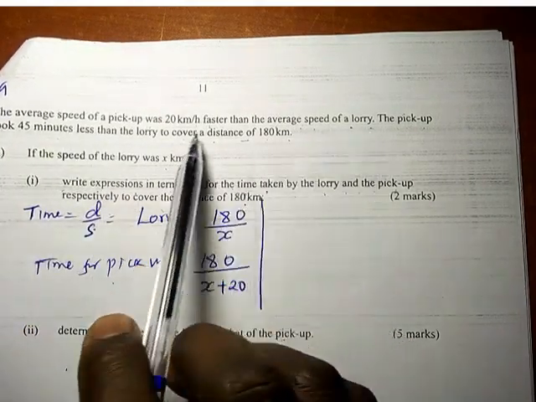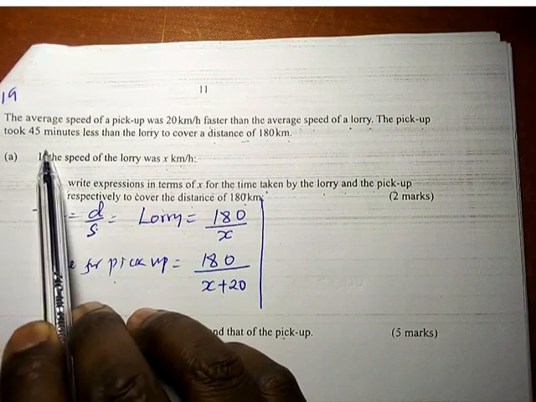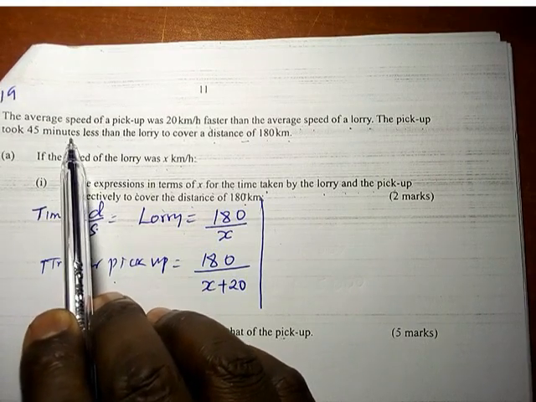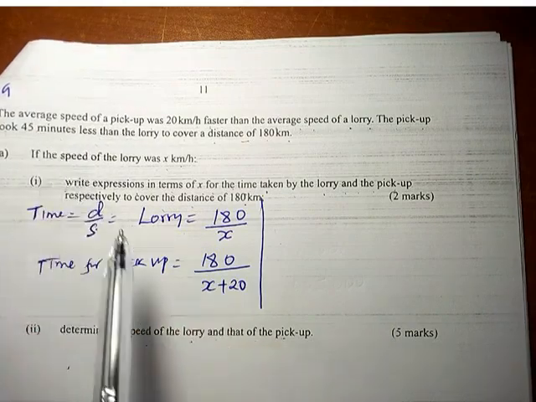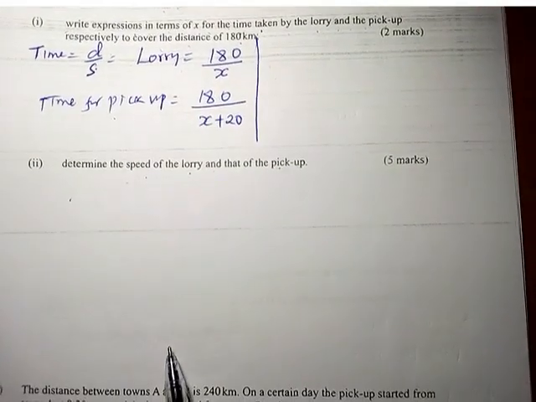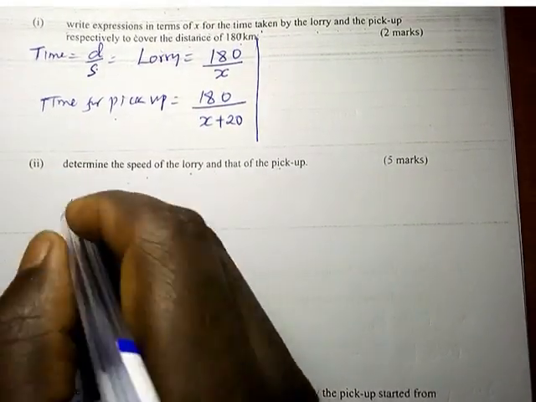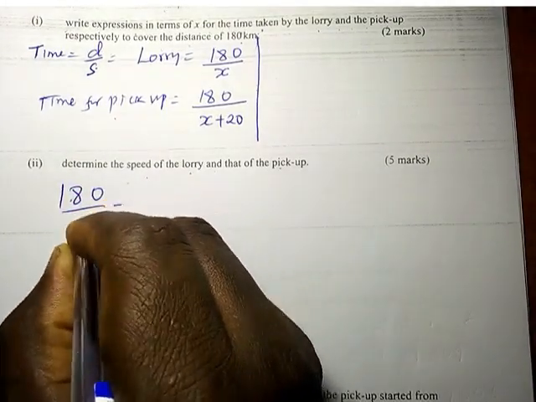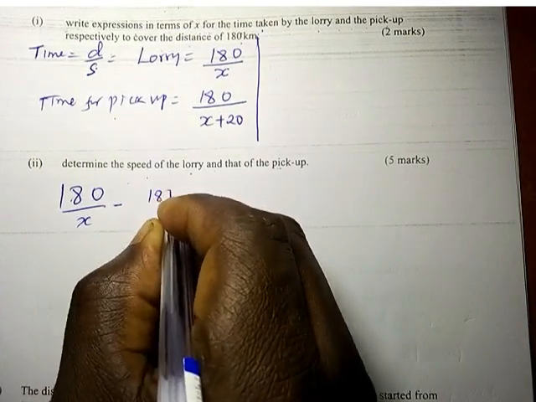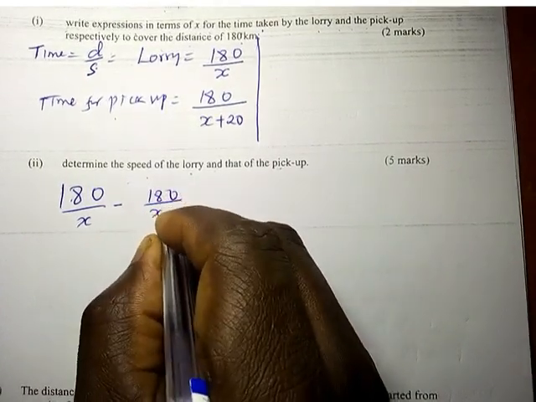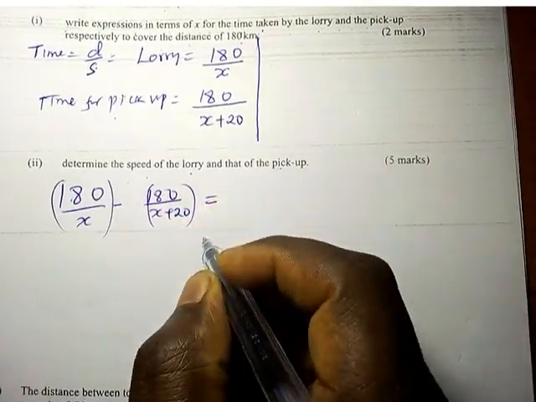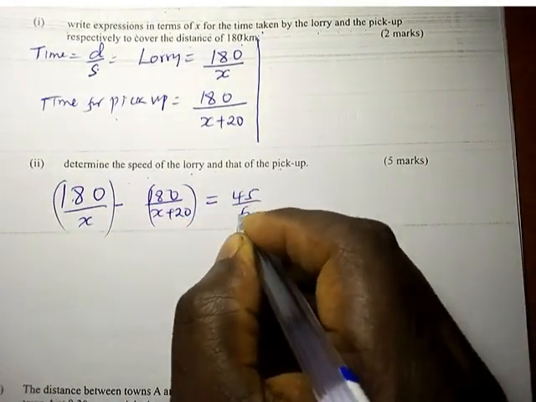That's why the pickup took 45 minutes less, meaning the time for the lorry minus the time for the pickup, the answer is going to be 45 minutes. 180 over x minus 180 over x plus 20. This one will give us 45 over 60.